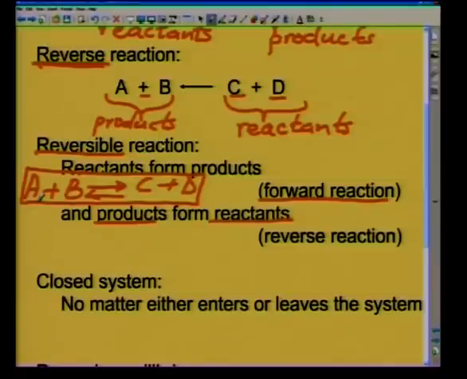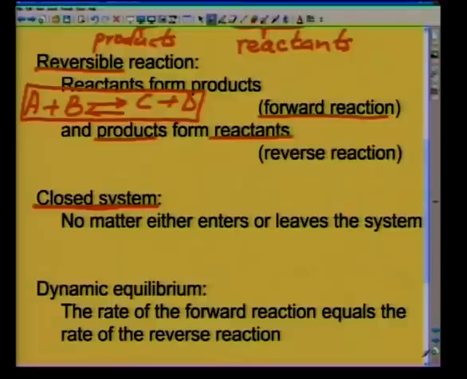Now, this can only happen when we have something called a closed system. Remember, we're still dealing with terminologies. We also talk of closed systems in chemical equilibrium. What would be a closed system? A closed system would mean that no matter, now this is not a literal meaning of the word in terms of the English language, but matter here refers to substances, atoms, molecules.